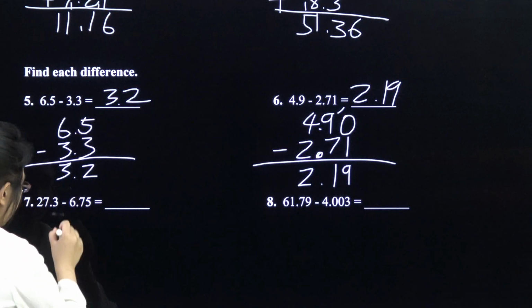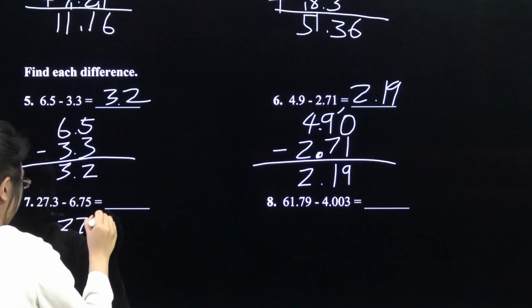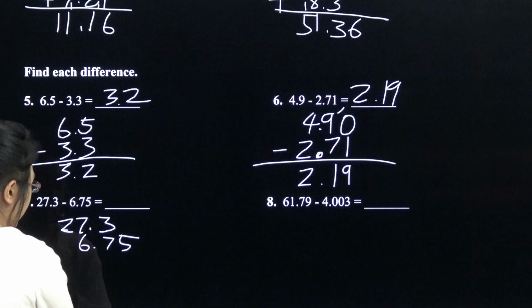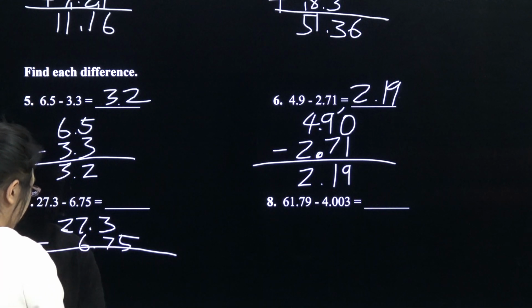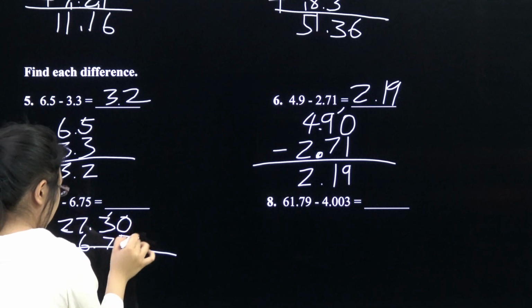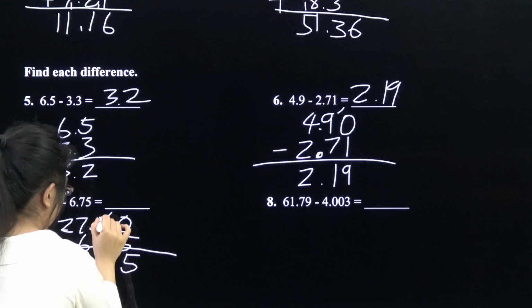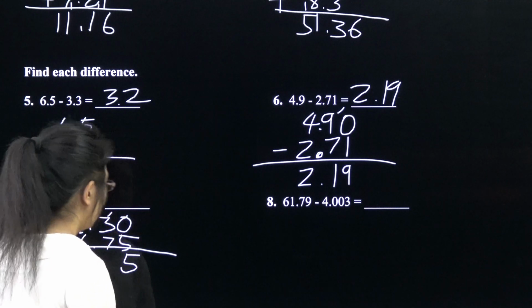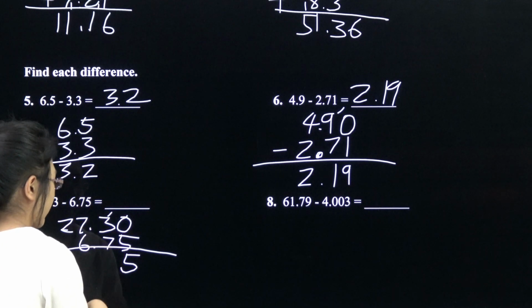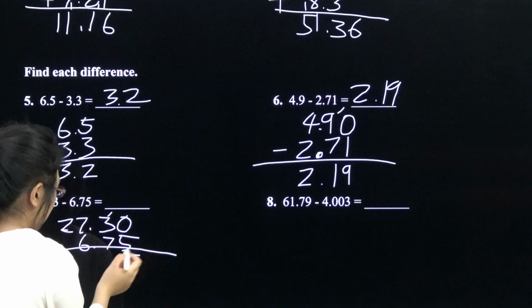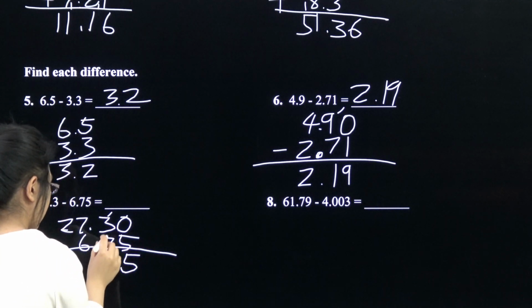We continue to 27.3 and 6.75. We lined up the decimal point, and it's subtraction. So we need to regroup over here again. 10 minus 5 equals 5. And since 3 has given 0 over here, 10, well, we have to borrow or regroup again.